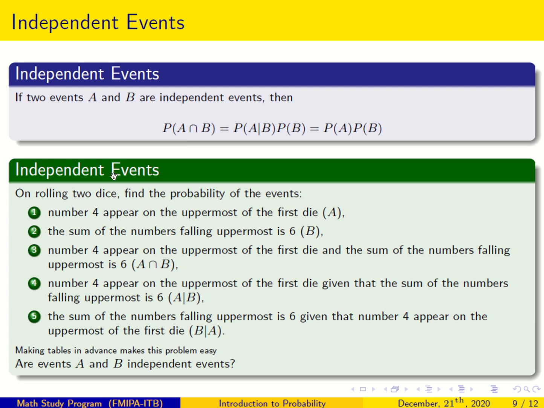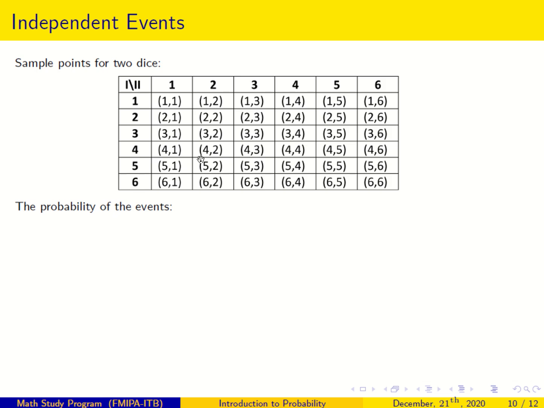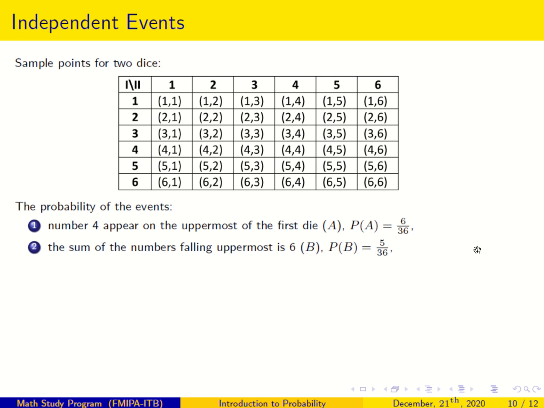This is rolling two dice, and we can look at the sample points like this. What is event A? The number 4 appears on the uppermost face of the first die. So this is 4 with 1, 2, 3, 4, 5, and 6. So 6 out of a total of 36 sample points, 6 out of 36.